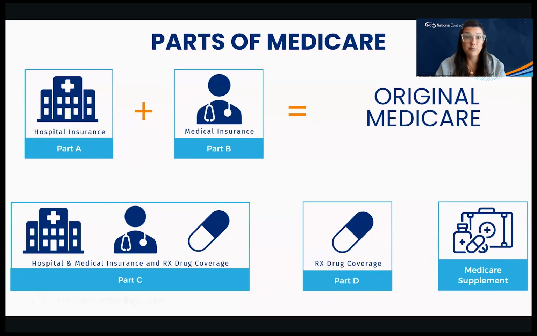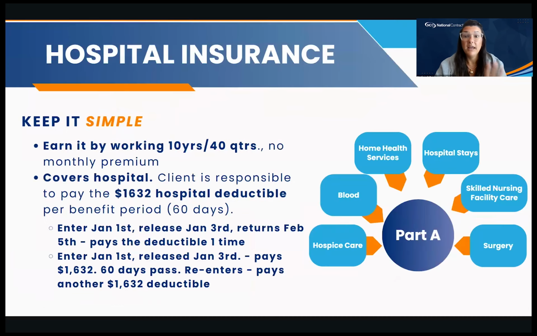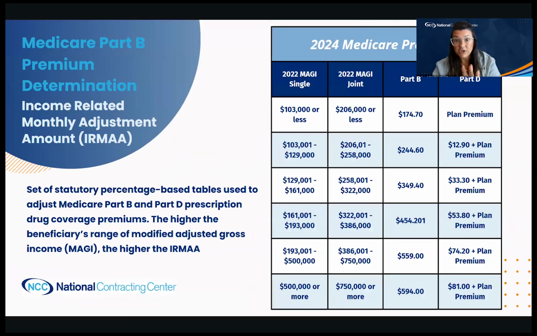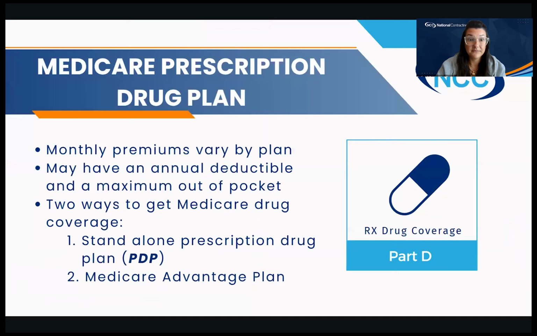So you are responsible for covering the parts of Medicare, the ABCDs, explaining what Part A is, explaining what Part B is. And again, we already covered all of this when we did Medicare 101. Ask the question, what do you currently pay for your Part B premium? Because that will tell you if they are impacted by IRMAA, which we learned last week.